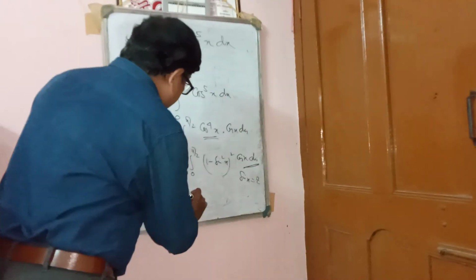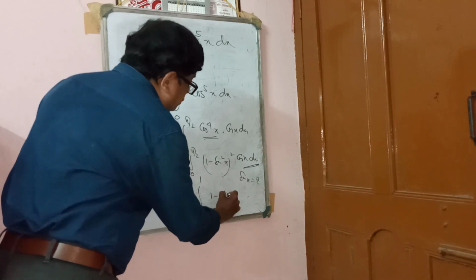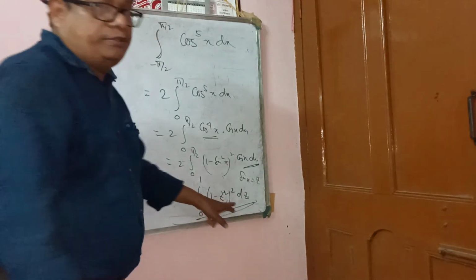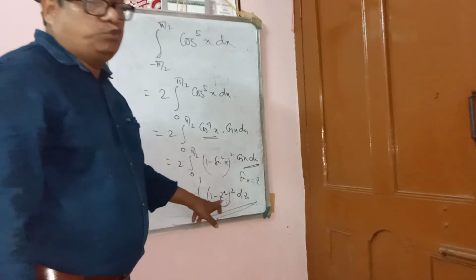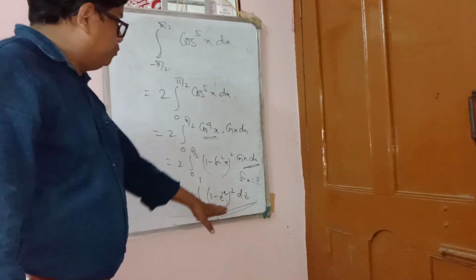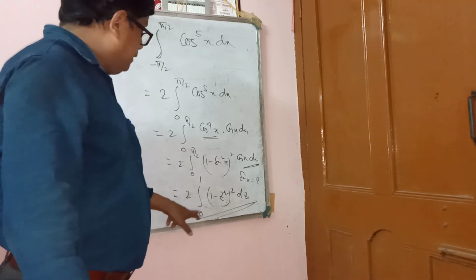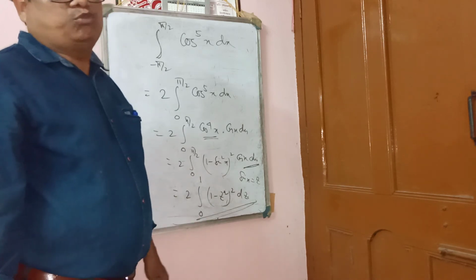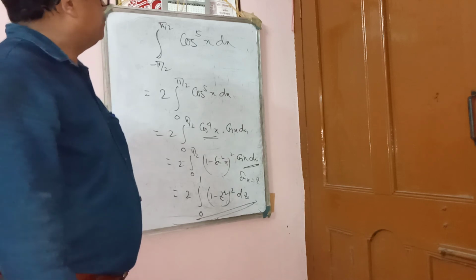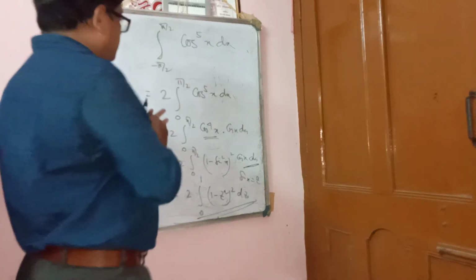So this value will be 2 into the integral from 0 to 1 of 1 minus z square whole square dz. Now this can be solved easily: 1 minus 2z square plus z to the 4. After integrating, put the values z equal to 1 and 0, then you will get the result. Keep in mind.